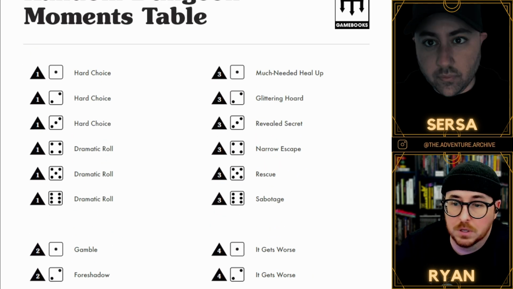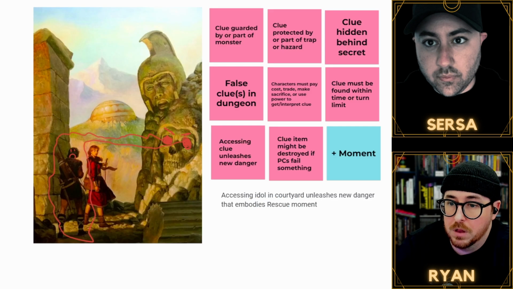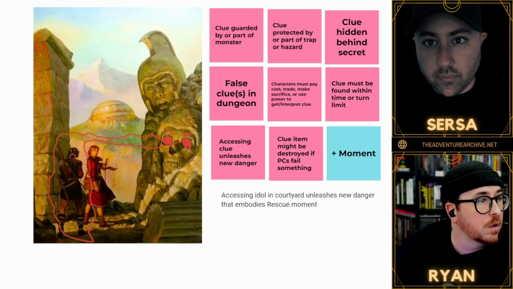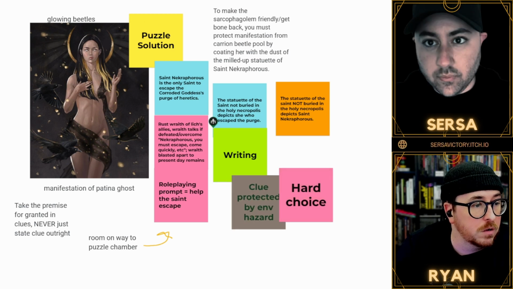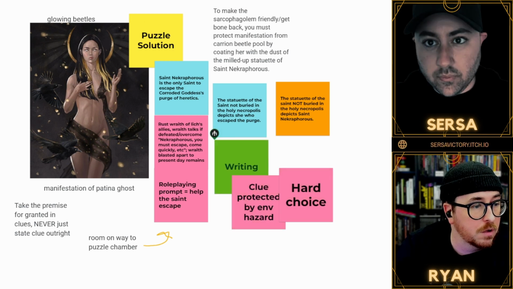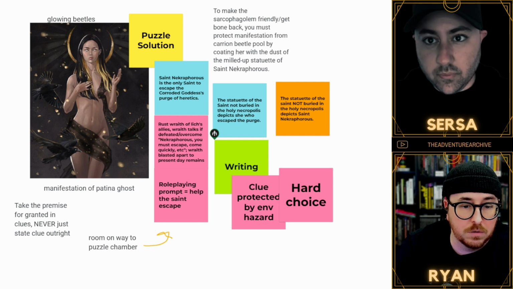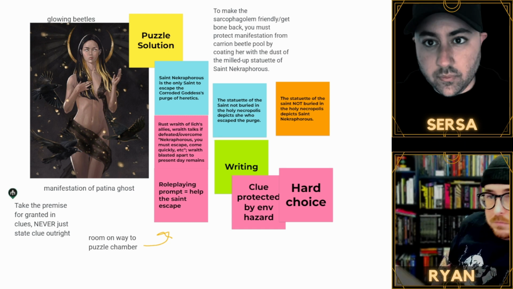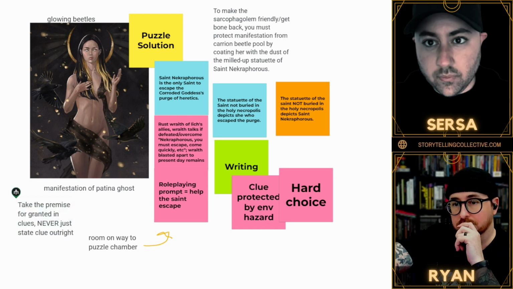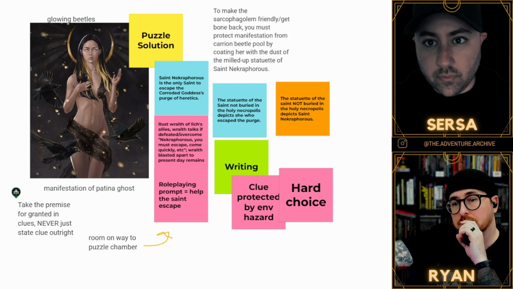All right. So if we fly on back to slide 16, these are the ingredients for our second clue. There is some writing somewhere in the dungeon that, when read, communicates to the player characters, hey, you know that statuette of the saint that wasn't buried in the Holy Necropolis?